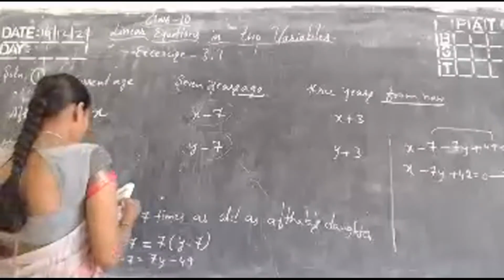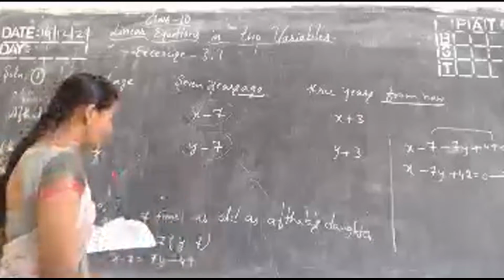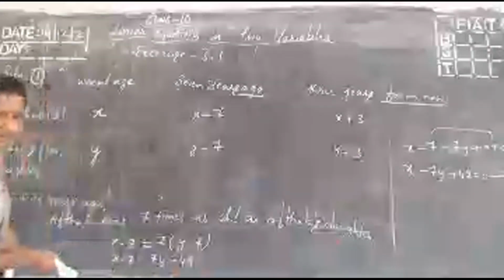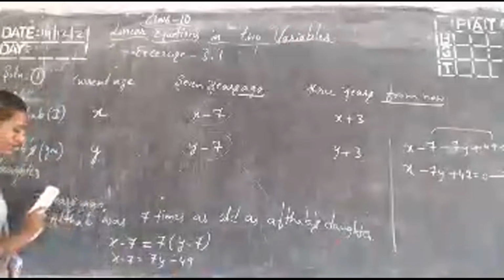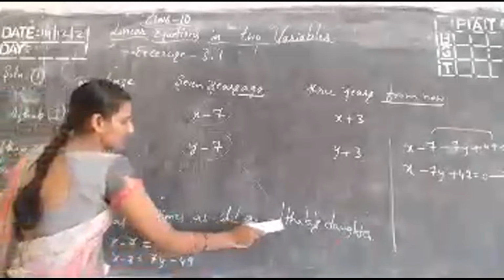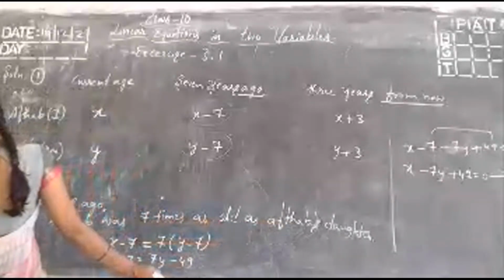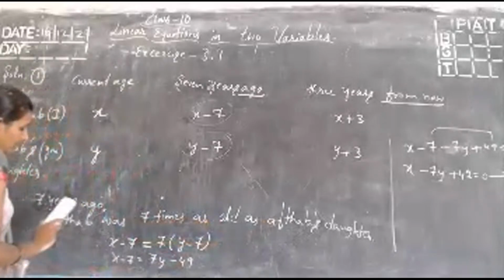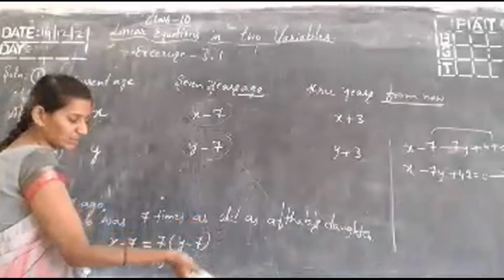Again they have given 3 years from now, here I will write. Did you understand this? 7 years ago, by using the statement, Aftab was 7 times as old as Aftab's daughter.